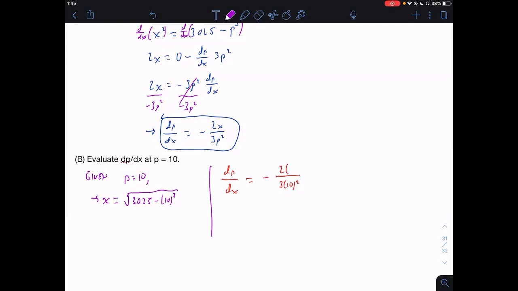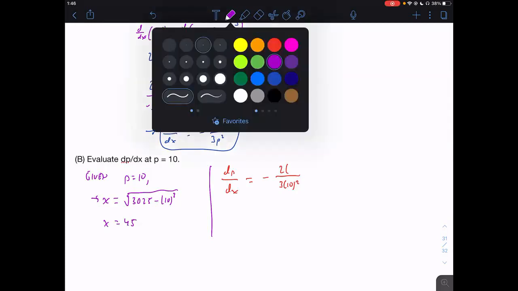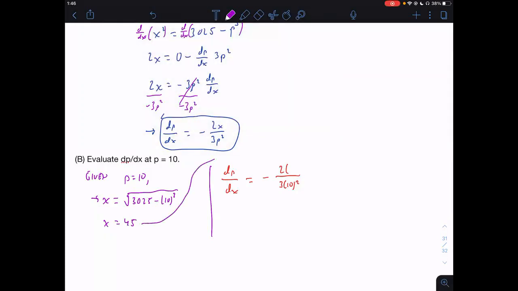Okay, so plugging this in your calculator, so 10 times 10 is 100, times 10 is 1,000. So carrying this on the calculator, we get a value of x to be 45. And that's the value that we plug in for x in the implicit derivative.